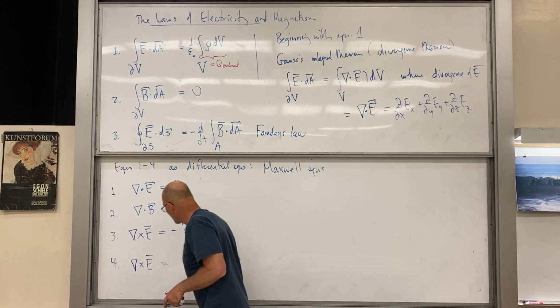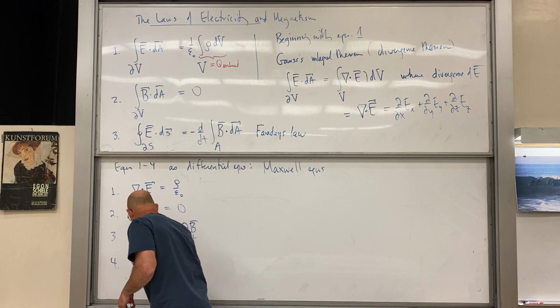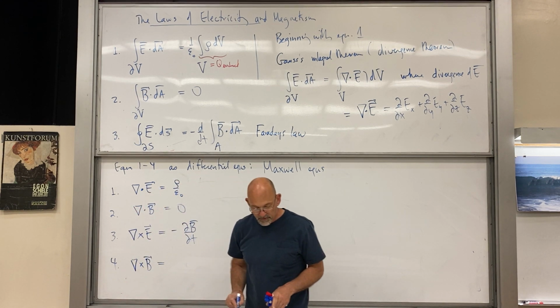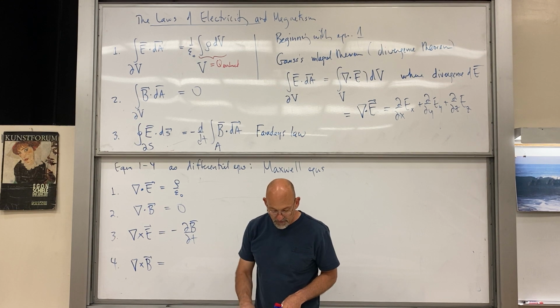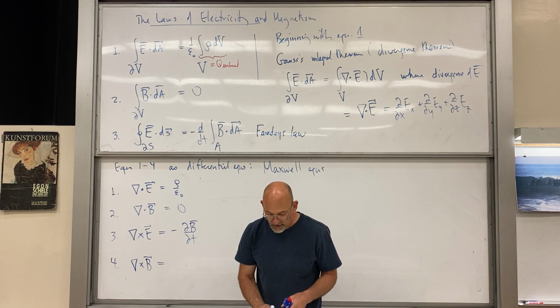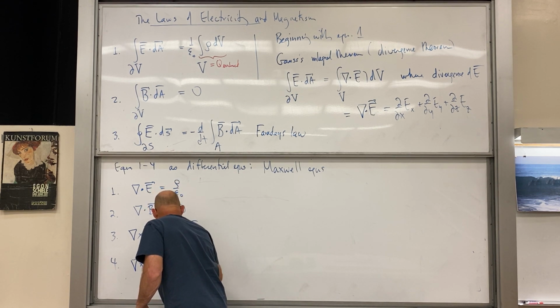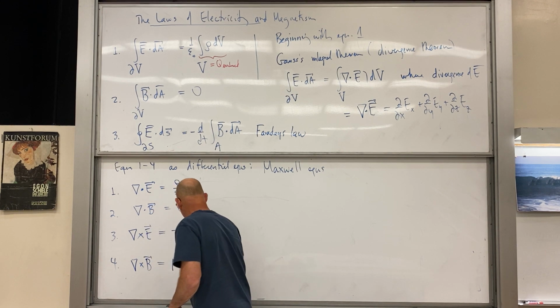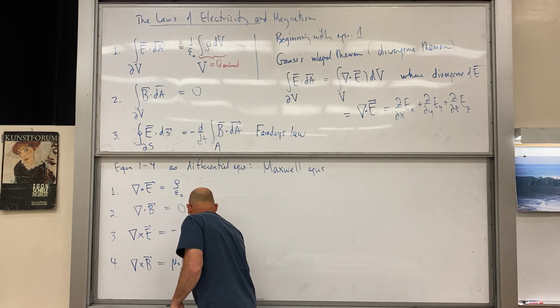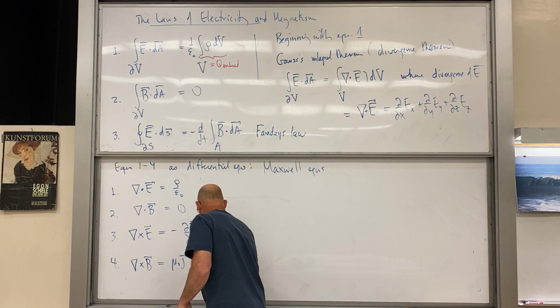Eventually we'll drop some of this. That's curl of E, so the last one is curl of B equals mu naught J plus mu naught epsilon naught dE dt.